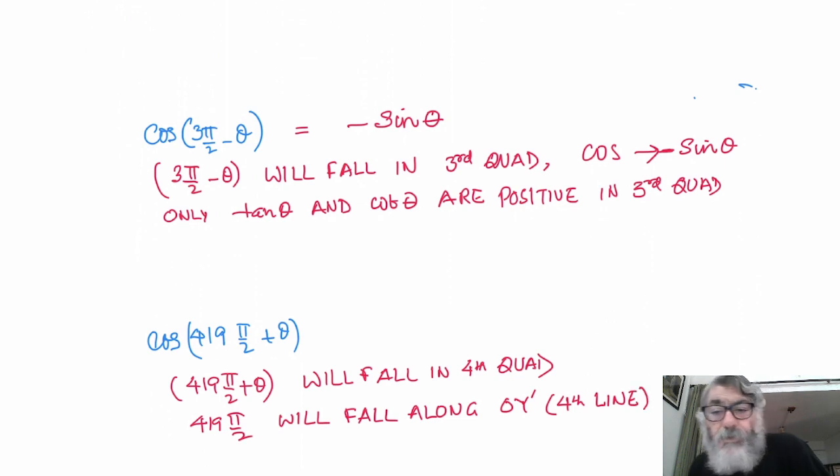And in the fourth quadrant only cos and sec are positive. So obviously it is cos, so it will be positive.